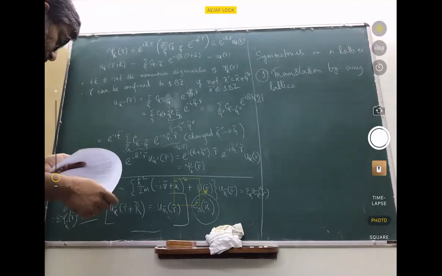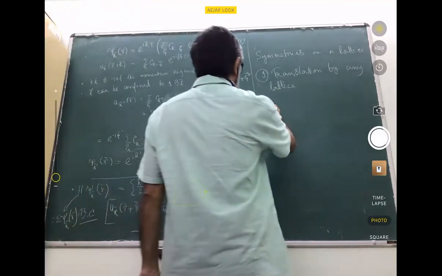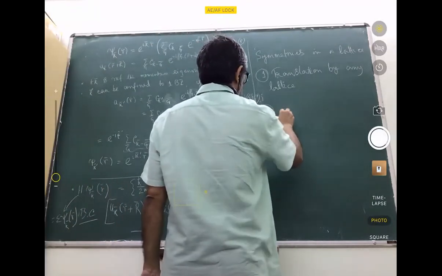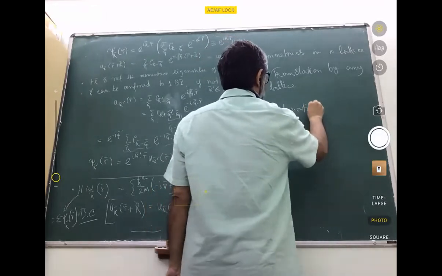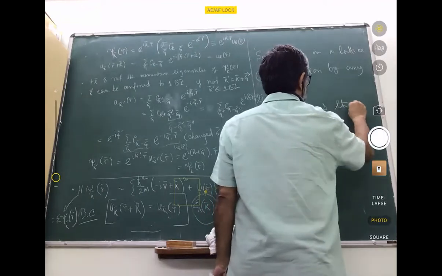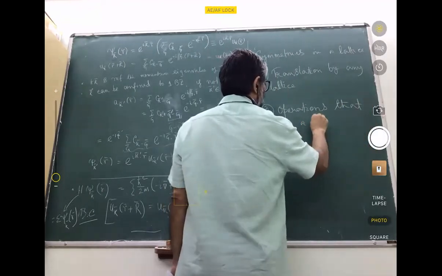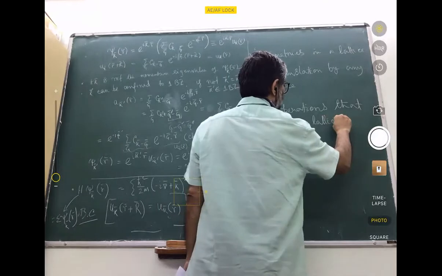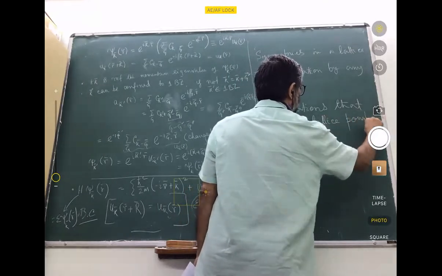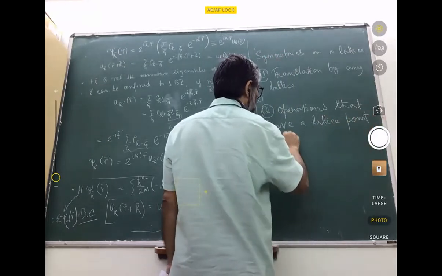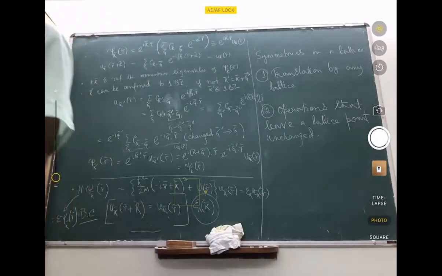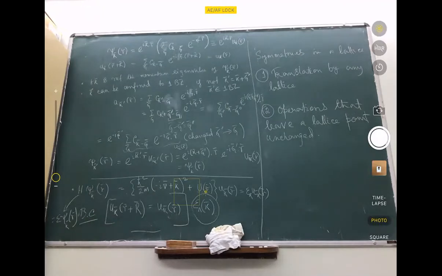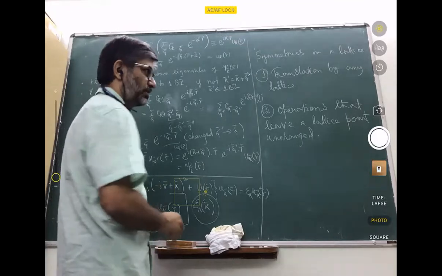And there can be other types of symmetry, which is operations that leave a lattice point. Could be, I mean, the right statement would be at least one lattice point unchanged. Could be more than one.